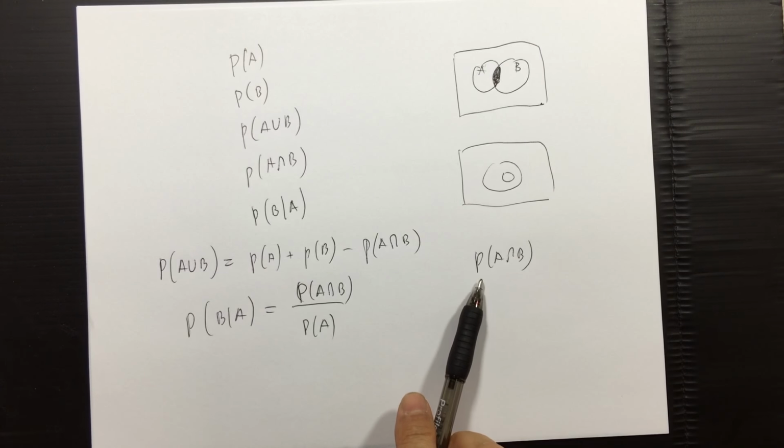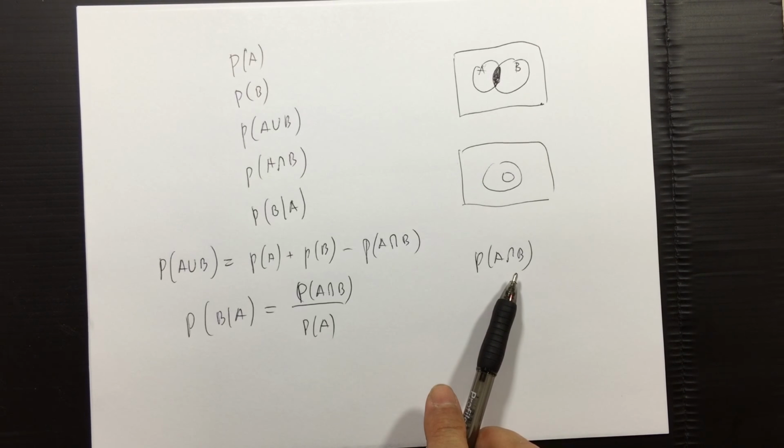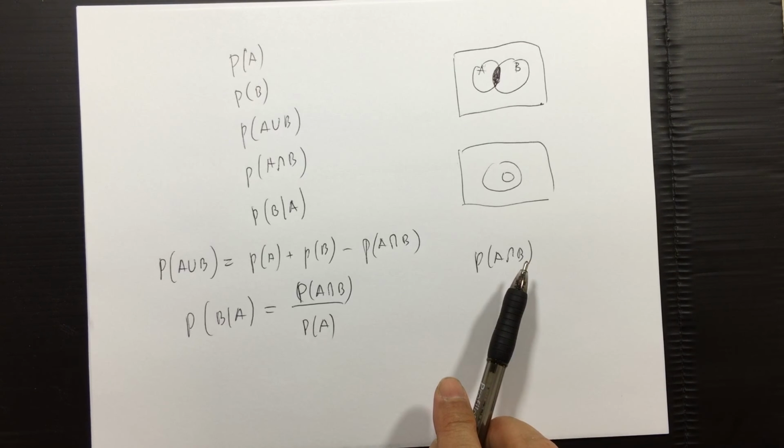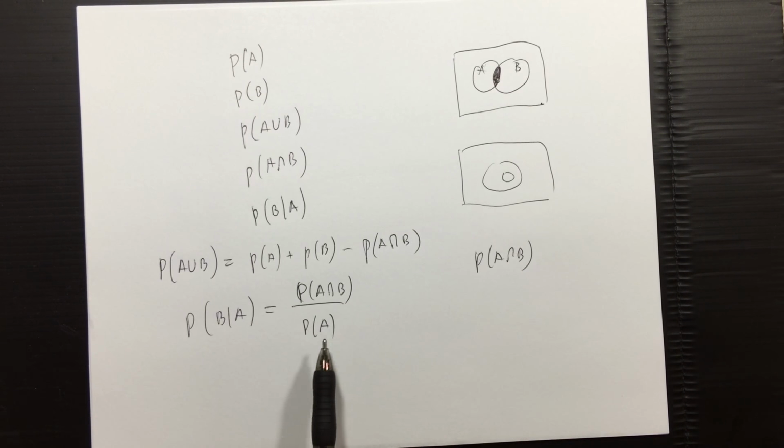That means A and B both happen. But this is the chance for A already happened. So in other words, when A happened, B happened equals this. Does that make sense?